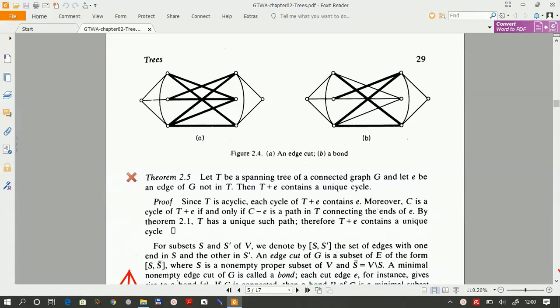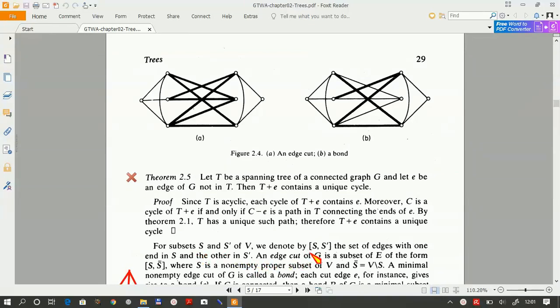Now we have a sort of generalization of the idea of cut edge, which is an edge cut. So let me start with this. Consider a set S of vertices and another set S prime of vertices. Then this symbol here, square bracket S comma S prime square bracket, means the set of edges with one end in S and the other in S prime.